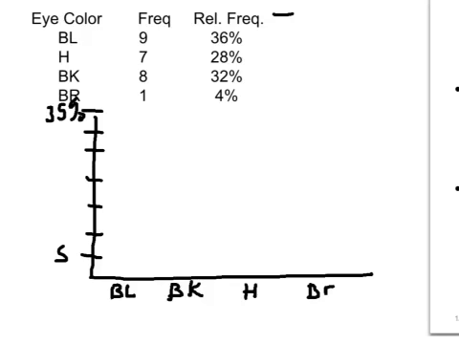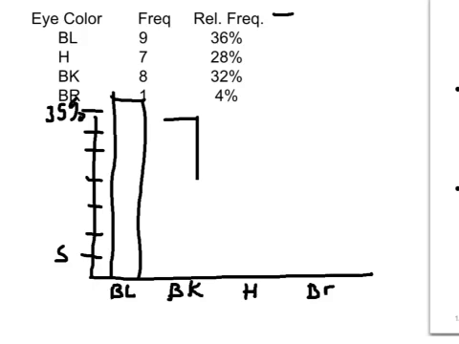So here we have for blue 36%. So we'll draw a bar going up here to 36%. And then for black we have 32%. Then for hazel we have 28%.